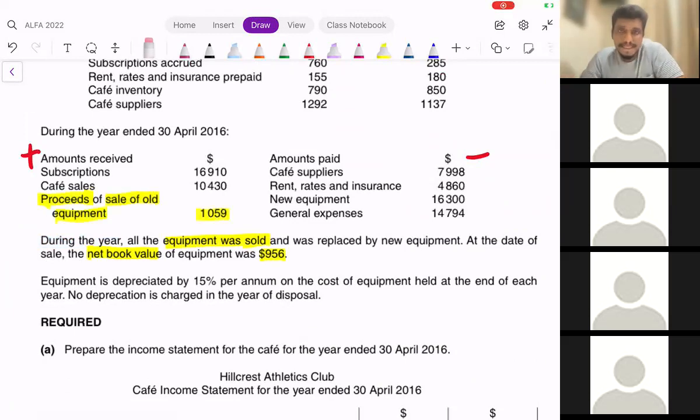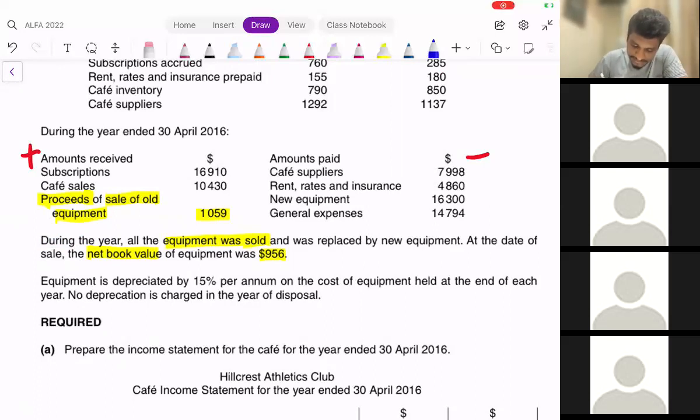So if there's a proceeds and a net book value or the cost, you can calculate how much is the gain or loss on disposal. You sell the equipment means there will be a disposal. Disposal means you need to calculate gain or loss on disposal. Do you still remember the formula to calculate gain or loss on disposal?